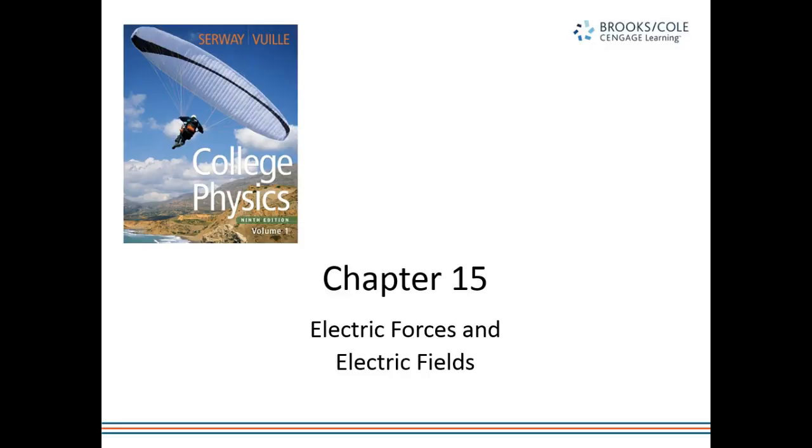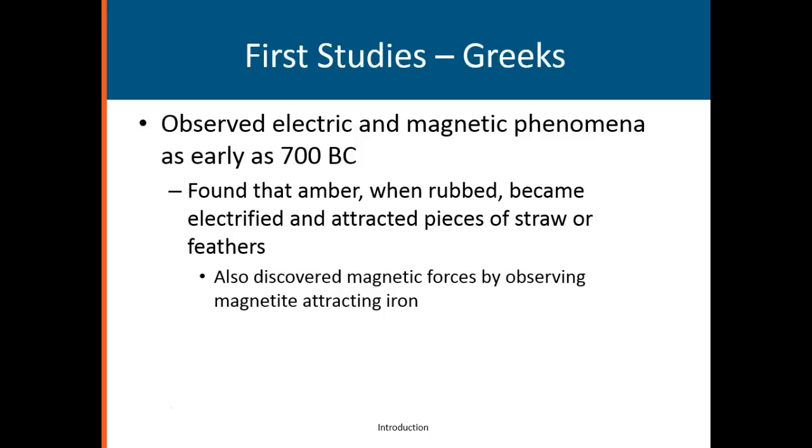Now, the very earliest studies of these were made by the Greeks, who observed electric and magnetic phenomena as early as 700 BC. Did they understand it? No. Did we understand it? A little better, but not quite so well yet. And here's what they found. Do you know what amber is? Yeah. What?